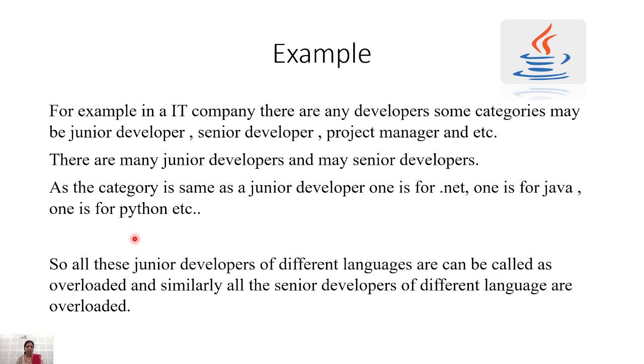The category is the same, junior developer, but a junior developer can be a .NET developer, a Java developer, or a Python developer. That means the same employee category, junior developer, has different expertise. So all the junior developers of different languages, or the senior developers having different languages, are overloaded. So I think you have now understood what overloading is.